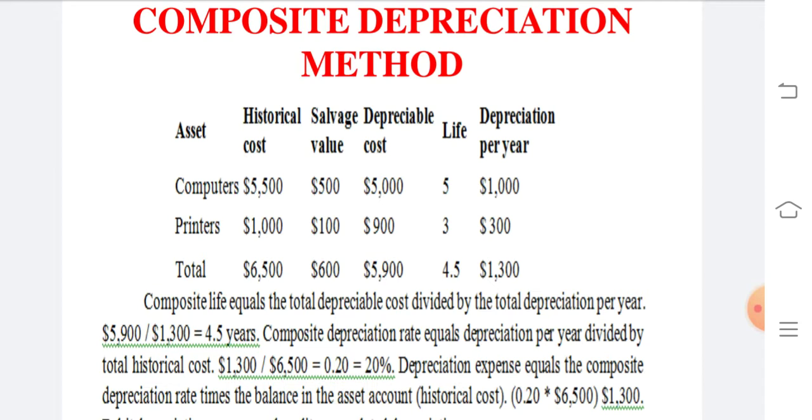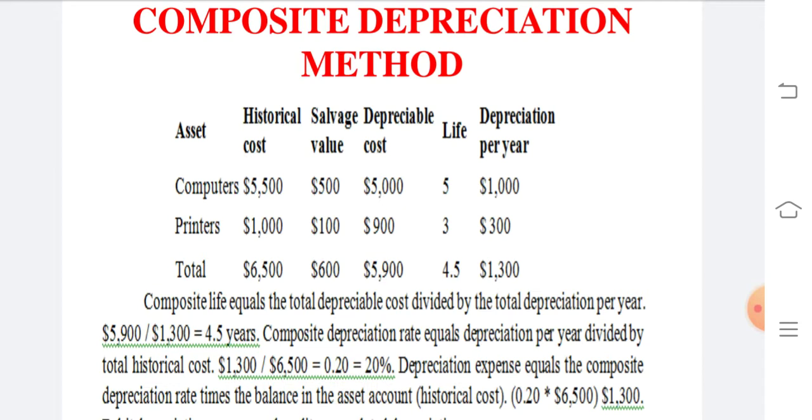Similarly, the printer has a historical cost of 1000 rupees with a salvage value of 100 rupees, so it yields a depreciable cost of 1000 minus 100, which is 900, having a lifetime period of 3 years, so the depreciation expense of the printer per annum is 900 by 3, which is 300. So the total depreciation per annum is 1000 plus 300, which is 1300.